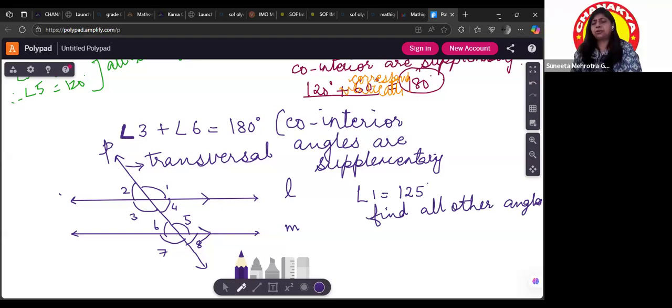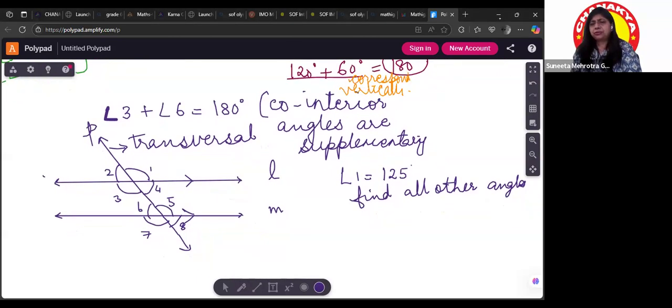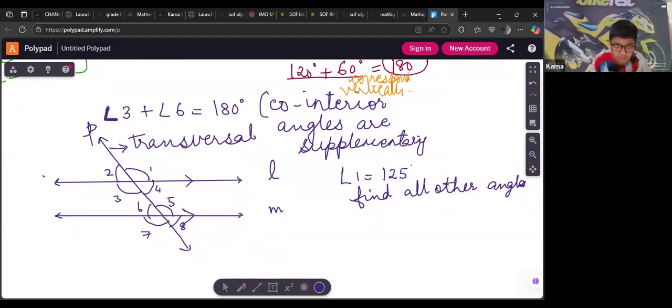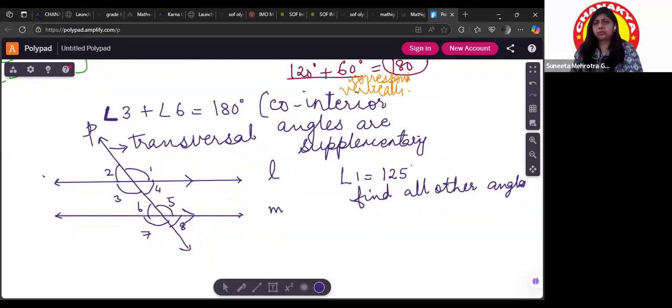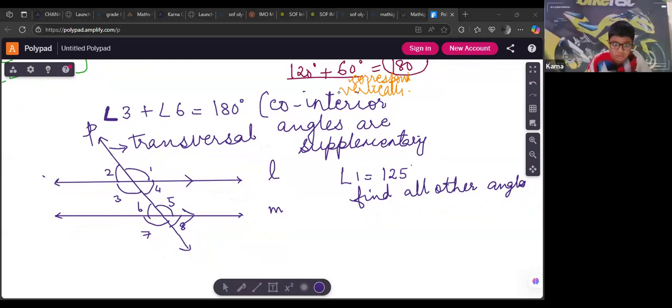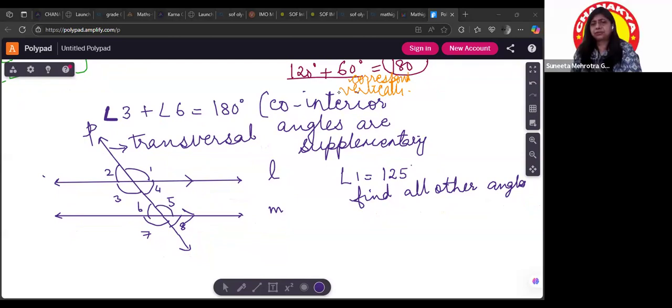Now I am giving you the remote control. You can annotate here, and write it in your notebook also. You can drag the mouse and write over here which angle is equal to what.